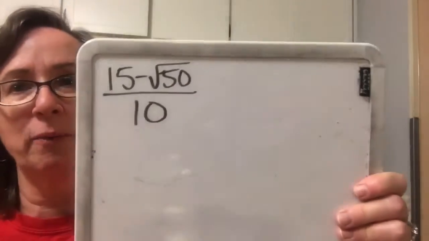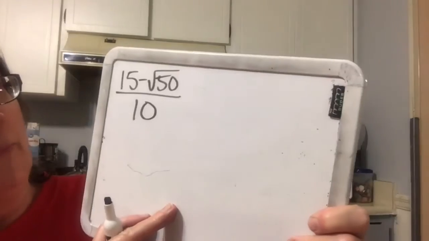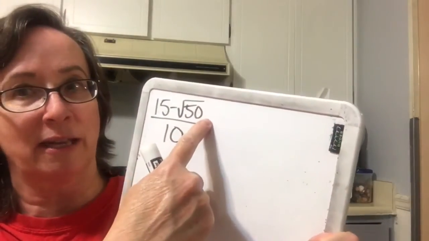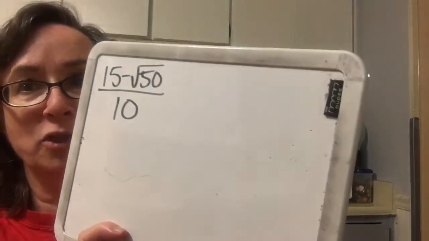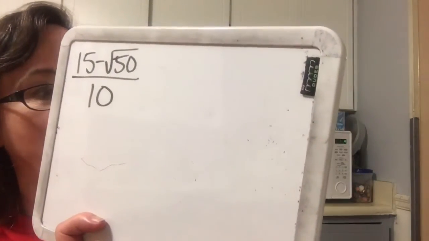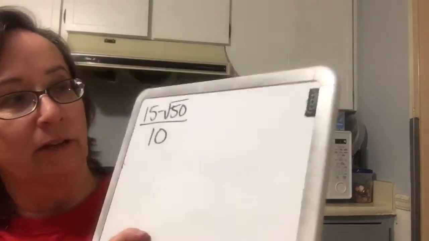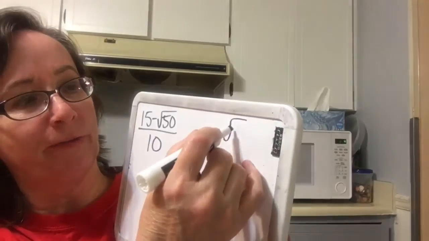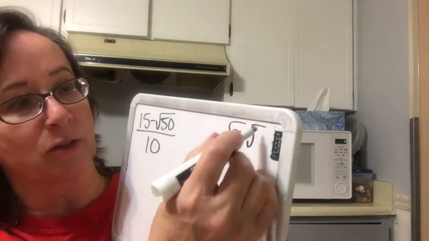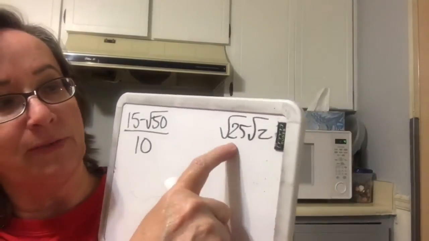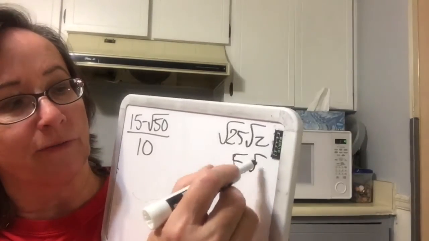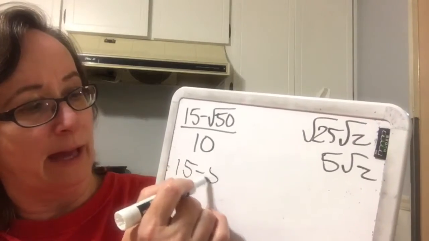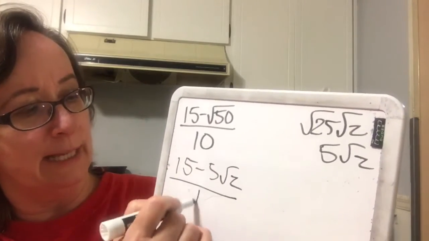All right, so this one is going to be the same thing. We're just simplifying. We are not rationalizing the numerator, but there is a factor that we should pull out, and there's also a perfect square underneath the radical that we should take out. So we're going to go ahead and break up the 50. Remember, square root of 50 is square root of 25 times the square root of 2. So the 50 will simplify to 5 square root of 2. So we will end up with 15 minus 5 square root of 2 over 10.